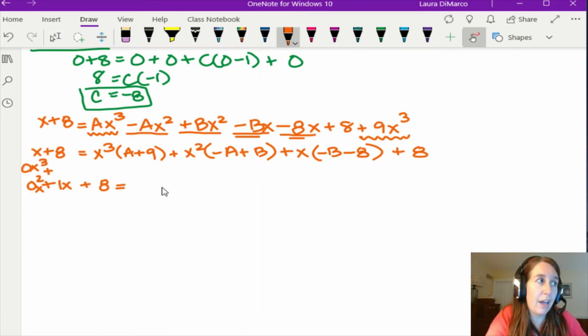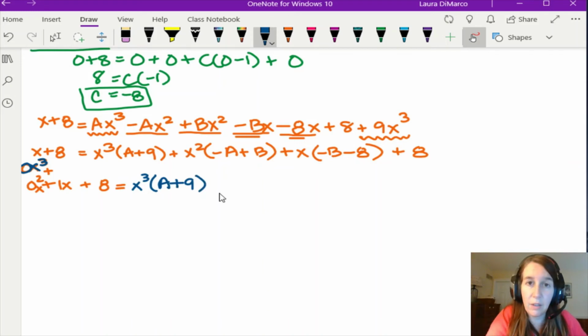So over on the other side, let's match them up with some colors. 0x cubed should equal x cubed times a plus 9. So this a plus 9 has to equal 0. So a plus 9 equals 0.